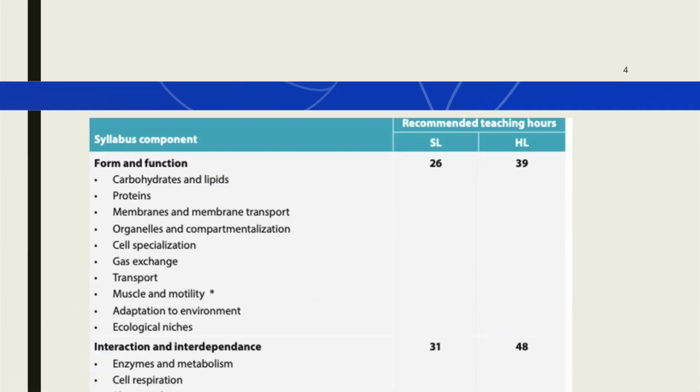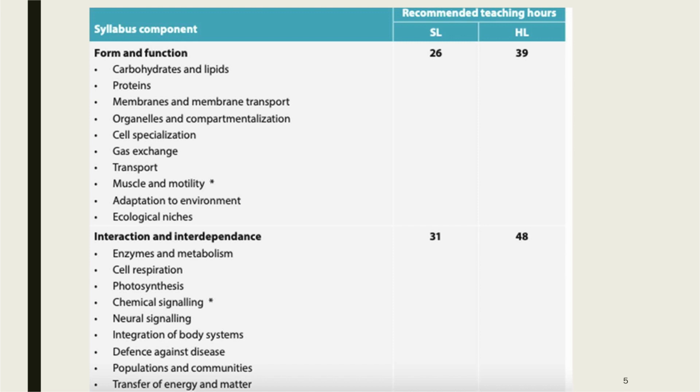Now, what about theme B? It covers carbohydrates, lipids, proteins, membrane and membrane transport, organelles and compartmentalization, cell specialization, gas exchange, transport, muscle and motility, adaptations to environment, ecological niches, which gives 26 hours for the SL learner class and 39 hours for the HL learner class.